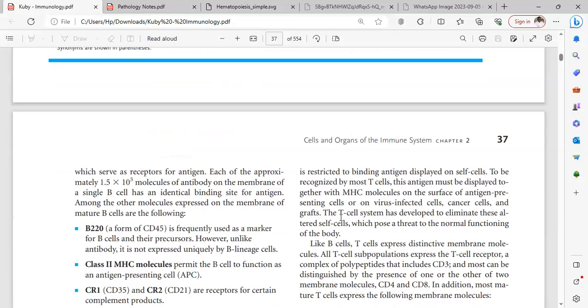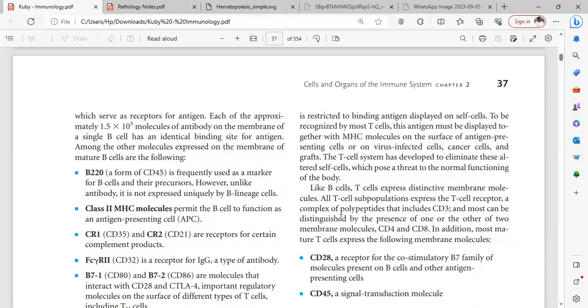So this is much deeper knowledge, it's beyond our scope.